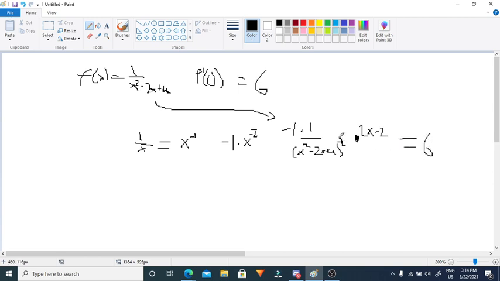The good thing about x equals 0 is all these terms cancel. So we're just going to have negative 1 over k squared times negative 2. So it's going to be 2 over k squared equals 6. That means k is going to equal root of 1/3, which is our answer.